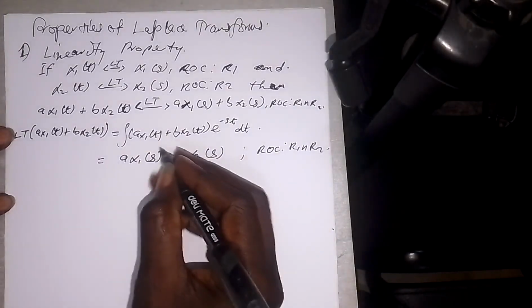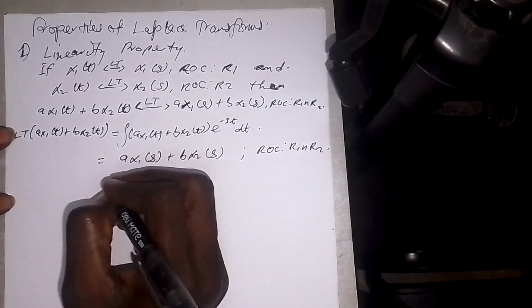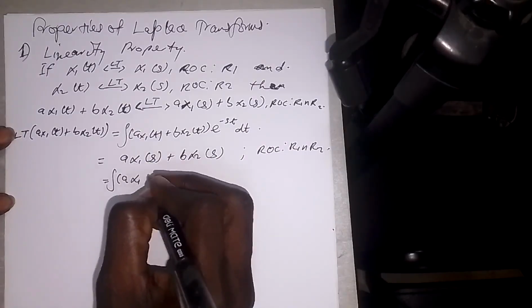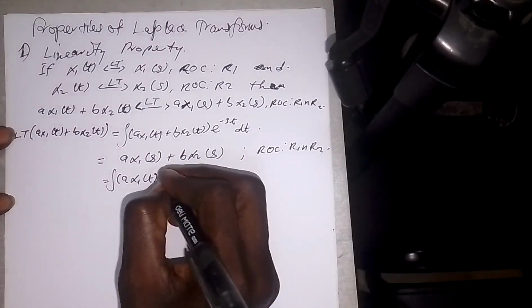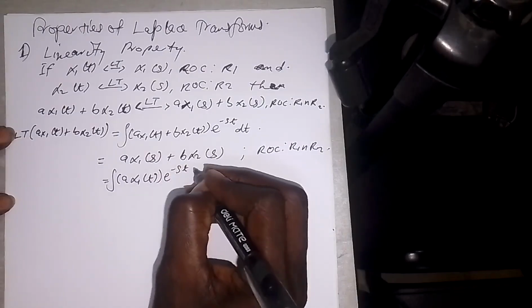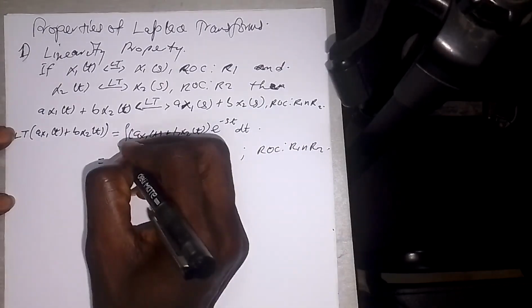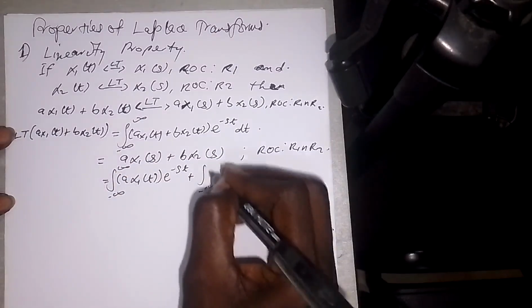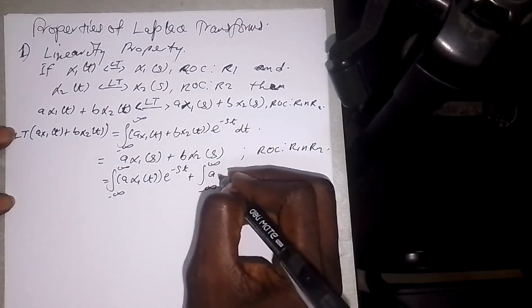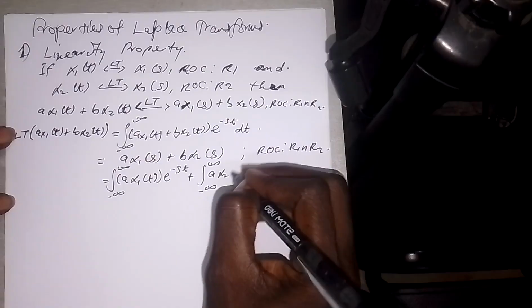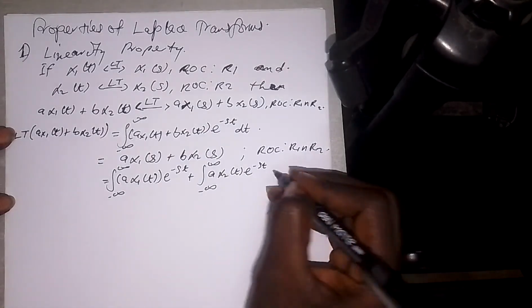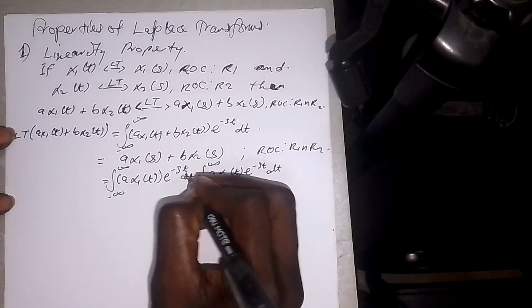Because if you expand here, then you're going to get a x1 of t into e to the minus st, plus, you can bring the limits, no problem, b x2 of t into e to the minus st dt, you can bring the dt.